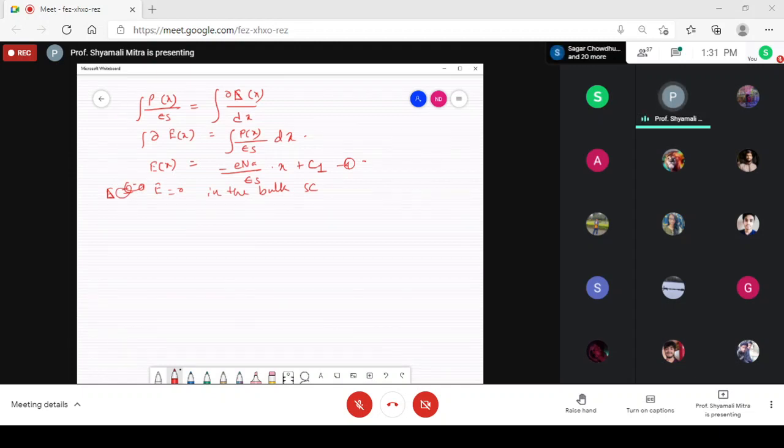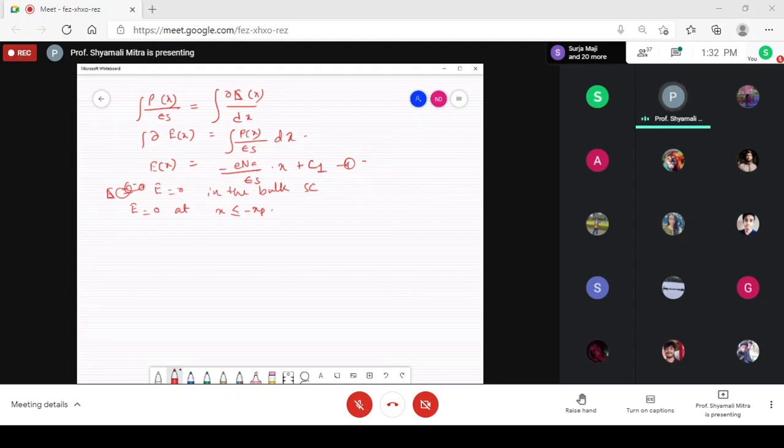So putting this condition, E is equal to 0, at x less than or equal to xp, that means on the side where the space charge region is not there, beyond the space charge extension on the P side, we can easily calculate C1 by plugging this condition into equation number 4.